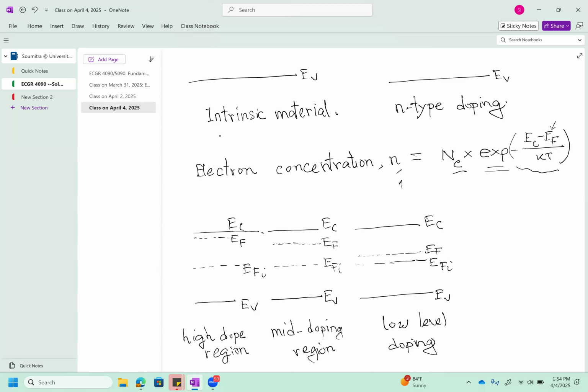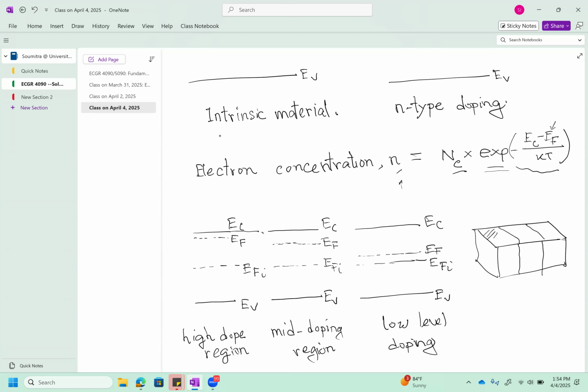Okay, so these are the three different regions. We have taken a silicon material, and in that silicon material, we have doped three regions in three different ways.